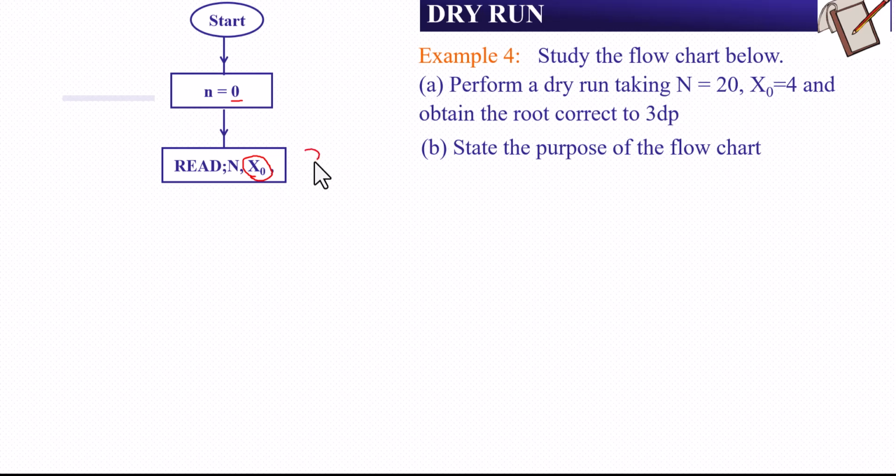That means x is written as xn, and this n is taking on a 0, so we have x naught. When n becomes 1, we will not have x naught, we will have x1. And when n becomes 2, we will have x2. So this x depends on the value of n.